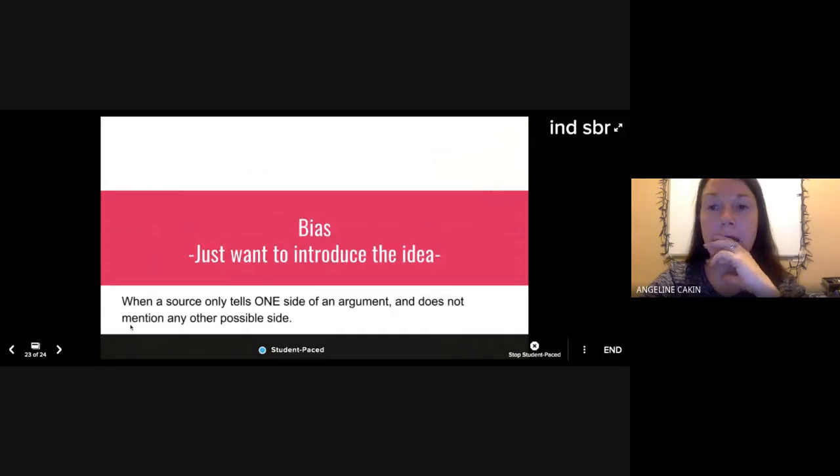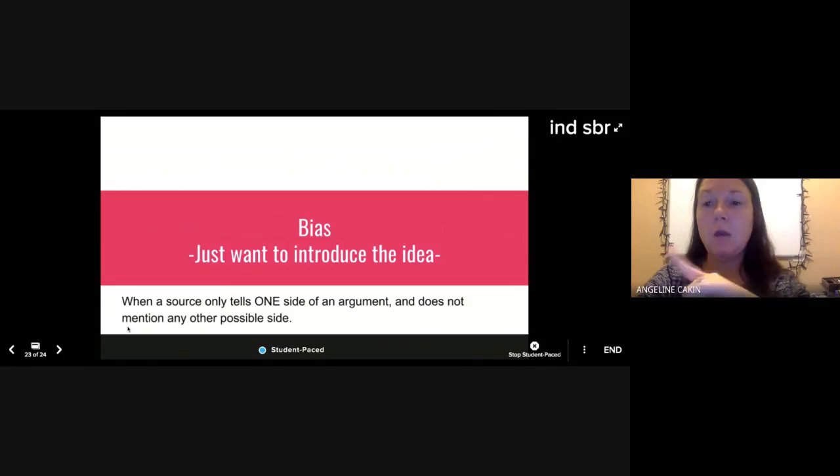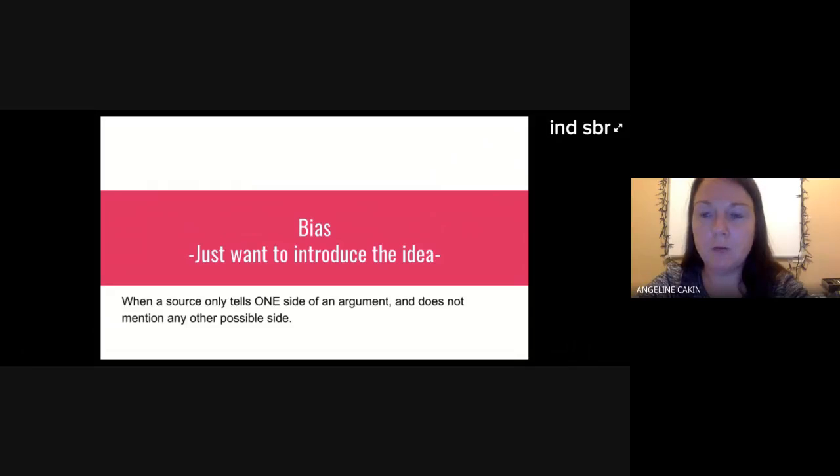Now, we're going to discuss this in class, but before we keep going, when we talk about credibility, you'll see this word floating around every now and then: bias. I'm just introducing the idea so that you kind of have an idea. It's when a source only tells one side of an argument and does not mention any other possible sides. Like if I was looking up how amazing teachers are and I went to a teaching website, they're not going to tell you how teachers are bad.